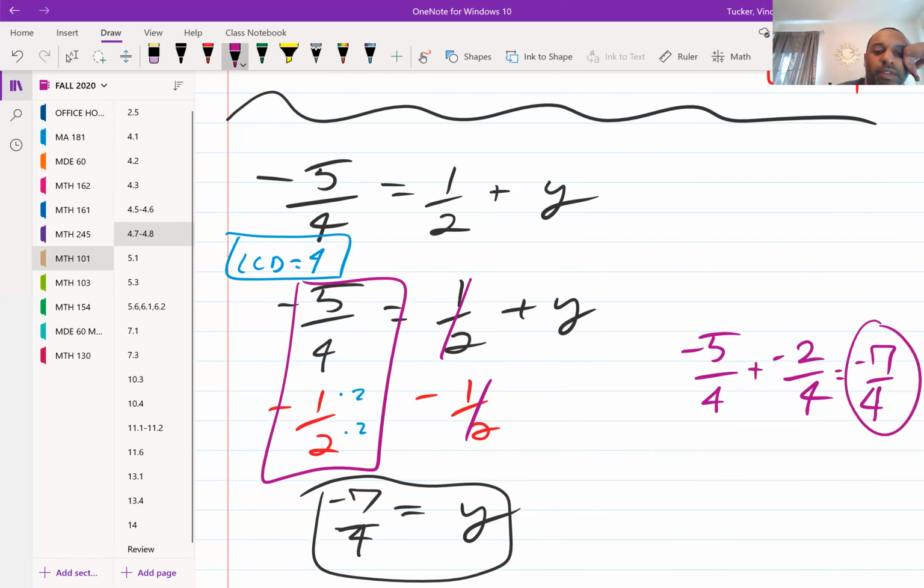Then we have negative 5/4 minus 1/2. In order to add or subtract the fractions, we need that common denominator, which is going to be 4 for us. So I multiply top and bottom by 2 here. And that takes me to negative 5 over 4 plus negative 2 over 4. And that gives us negative 7 over 4. So that's how we got that answer.